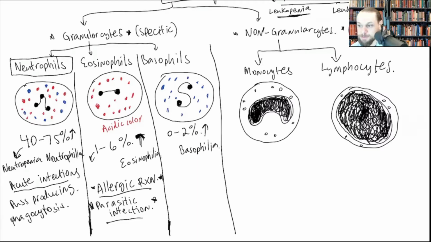And then where do you see elevations of these? So you see these also in allergic reaction, especially type 1 hypersensitivity reaction, which we're going to talk about extensively today.